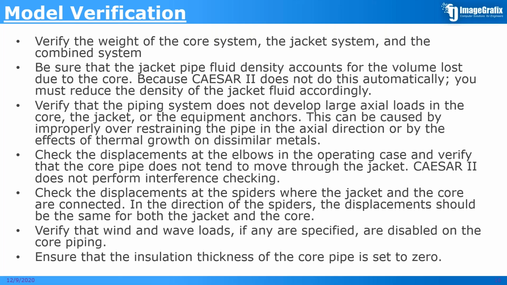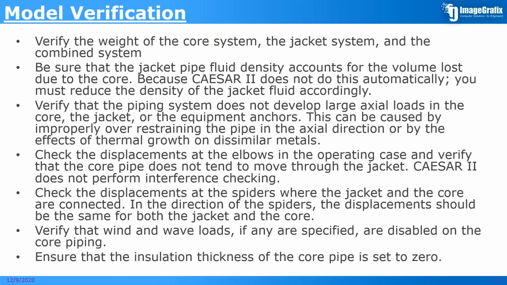Then the most important thing: the piping system should not develop large axial loads in the core and the jacket or the equivalent anchors. These are things I need to verify in the results. The axial load should not be very large. There are cases where I might be using some X supports, spacers, or end points and anchor points.